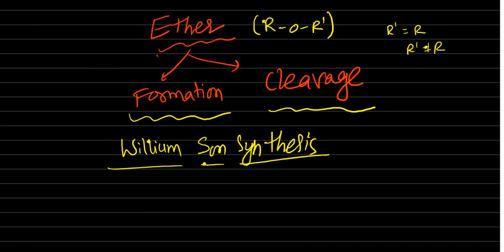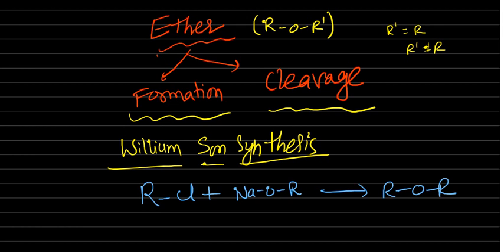We take an alkyl halide plus sodium alkoxide, and then we get R-O-R. Just remove the NaCl, and then you are getting the ether. Very simple mechanism.